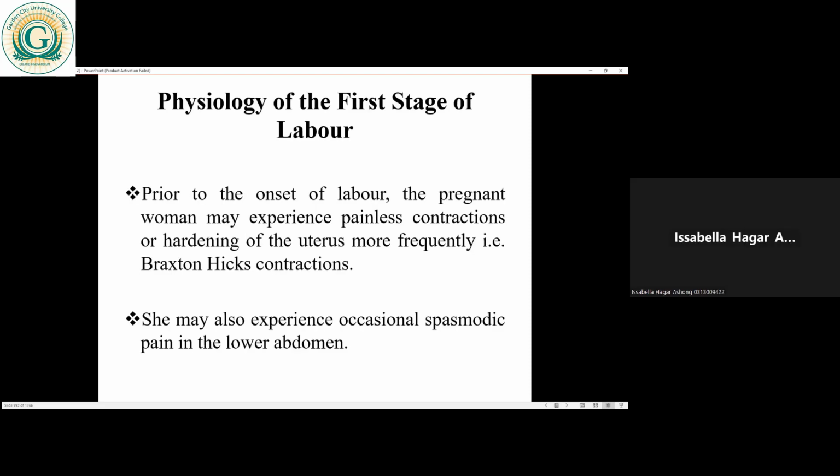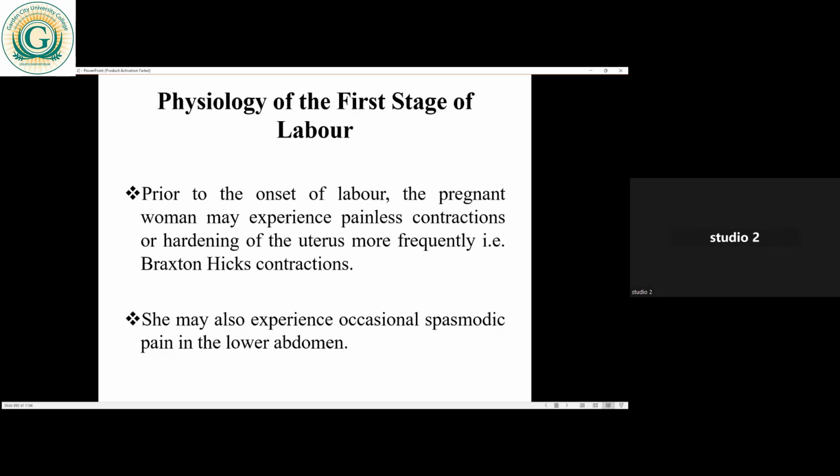What happens in this stage? Can we go back to the stages of labor? We have the first stage, second stage, third stage, and fourth stage. Each of these stages is distinct. When we say distinct, you see it starting and ending.